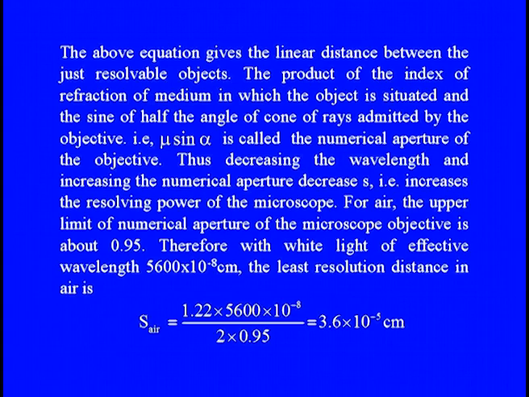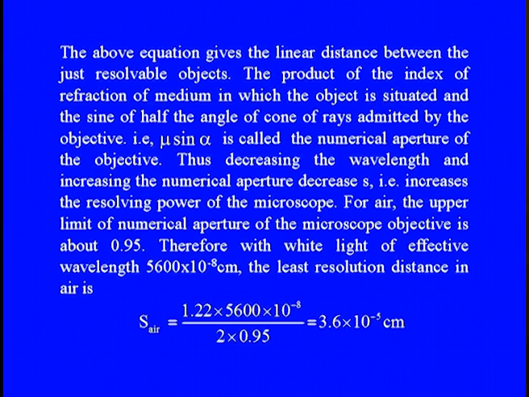The product of the index of refraction of the medium in which the object is situated and the sine of half the angle of the cone of rays admitted by the objective, that is mu sin alpha, is called the numerical aperture of the objective.